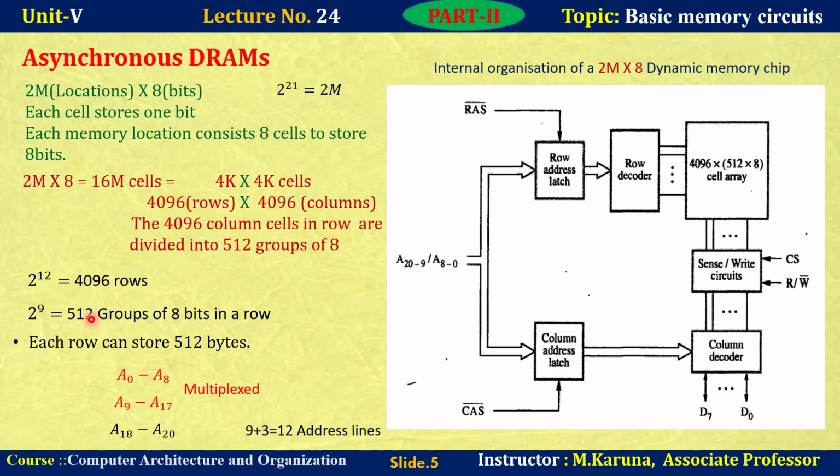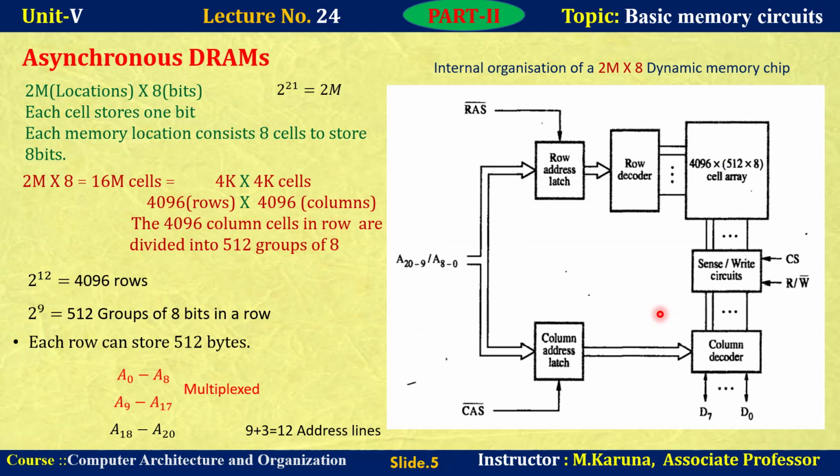Any column you can select from 512 columns, so 512 groups of 8 bits. Each group consists of 8 cells which can store 8 bits. You can get any 8 bits from that row with the help of these 9 address lines from 512 groups.